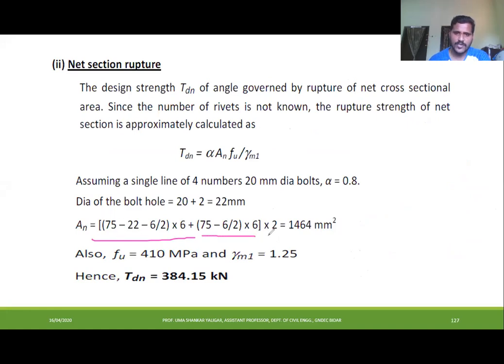The entire thing is multiplied by 2 because there are two angle sections. Therefore this is the net area we calculated, that is An. Fu, the ultimate stress, is 400, and gamma m1 is 1.25. If you substitute all these values, you will get 384.15 kilo Newton.